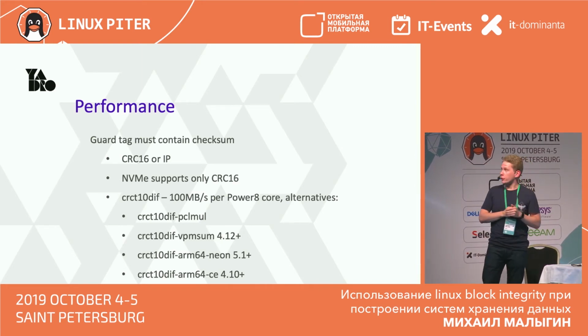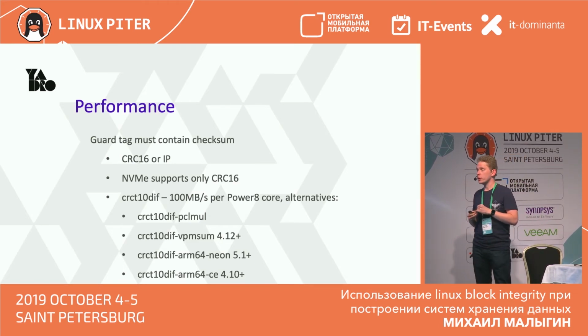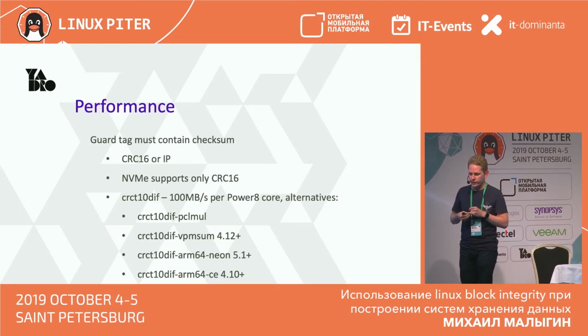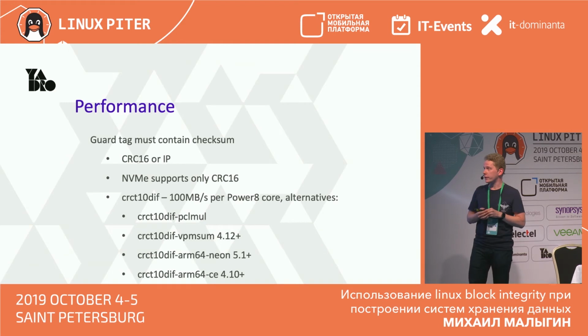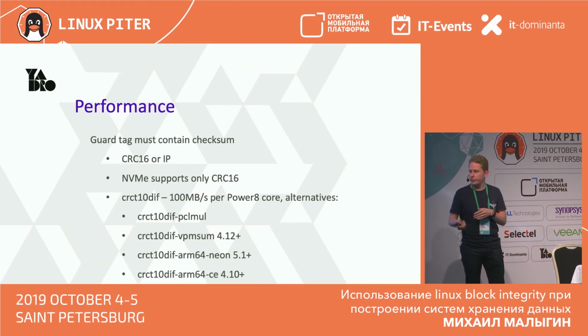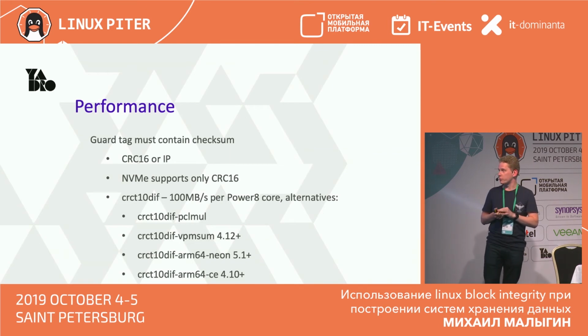Anything else? As to performance, as was mentioned earlier, the first field should always be the checksum of the block which you write in the quasi-standard, that might be CRC16 or IP checksum, probably when they just analyzed how to count CRC data.